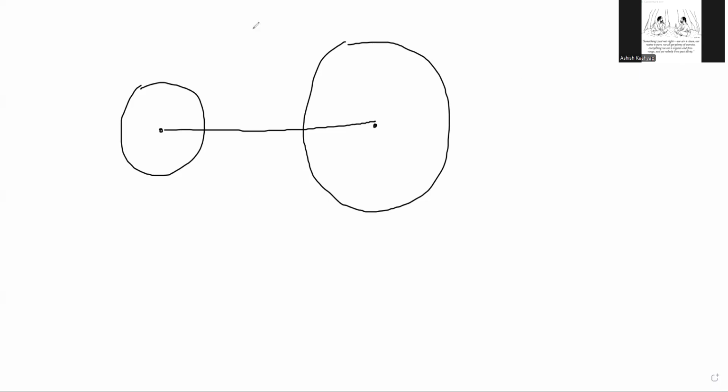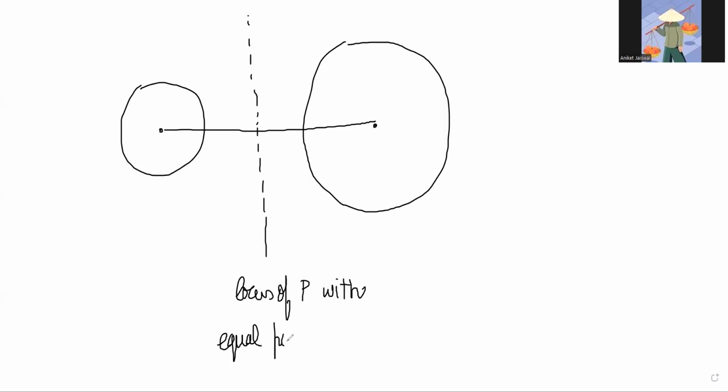To find the location of that perpendicular line, which is basically the locus of points with equal powers, we are trying to answer the question: where are the points which have equal powers with respect to two non-intersecting circles?